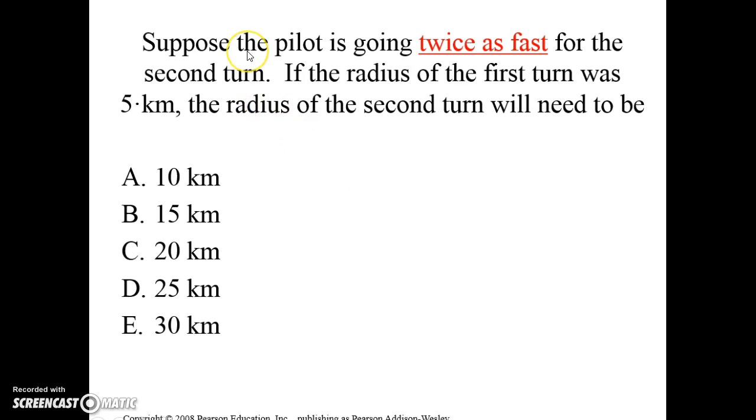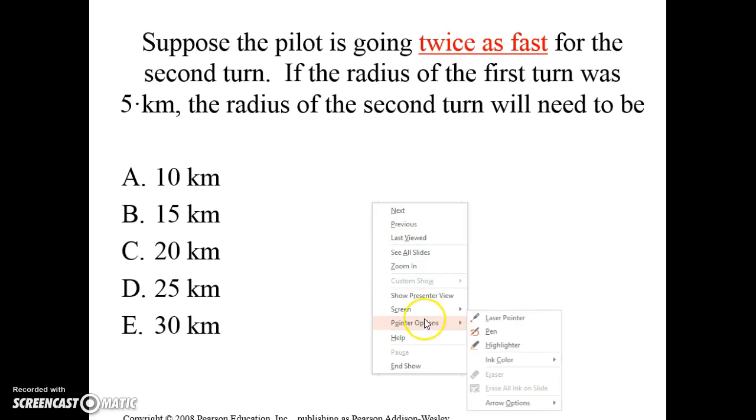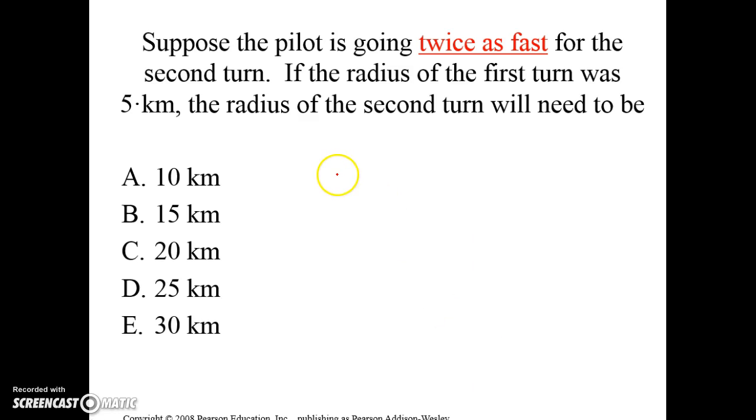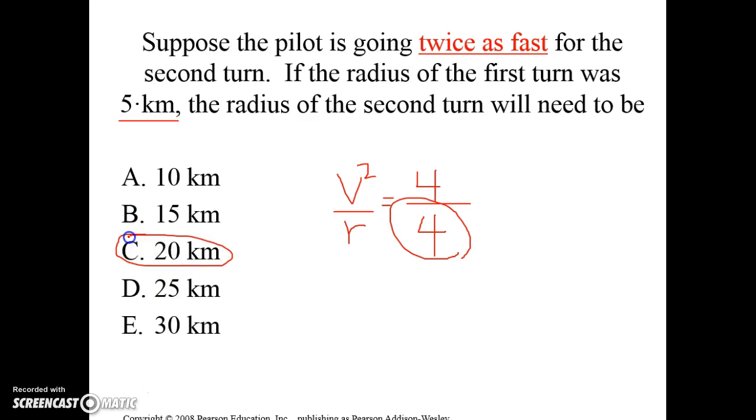Now if he's going twice as fast for the second turn, here's where v squared over r comes in. We're going twice as fast, so v is basically 2. 2 squared is 4. And so the radius has to be 4 times bigger in order to make the same acceleration. If we start off with 5 kilometers, we need 4 times that, and so we're going to need 20 kilometers.